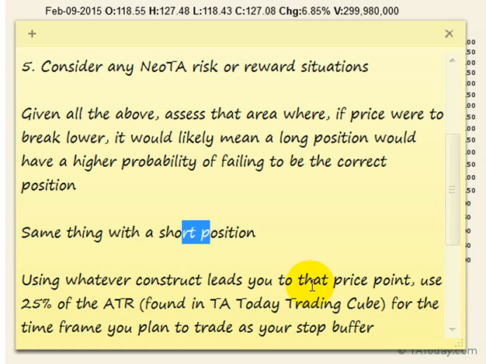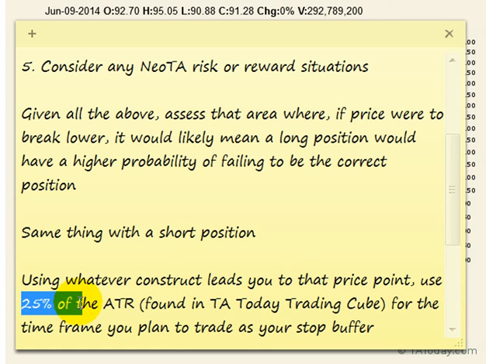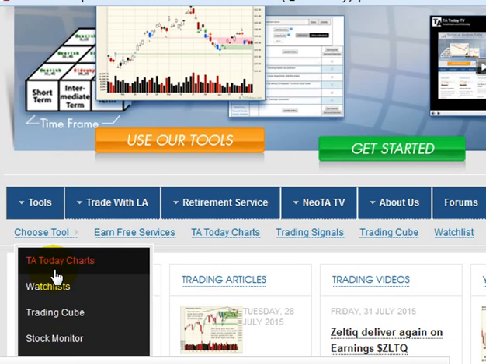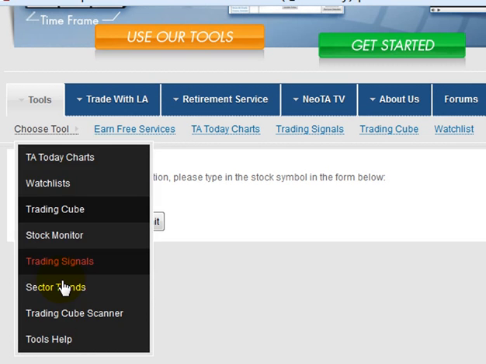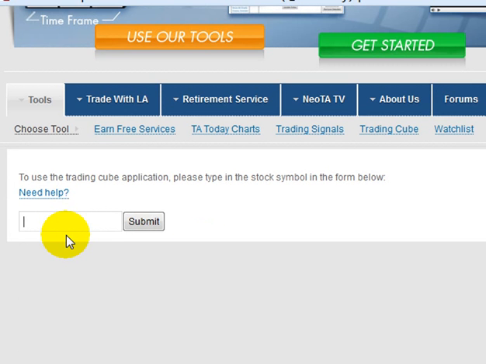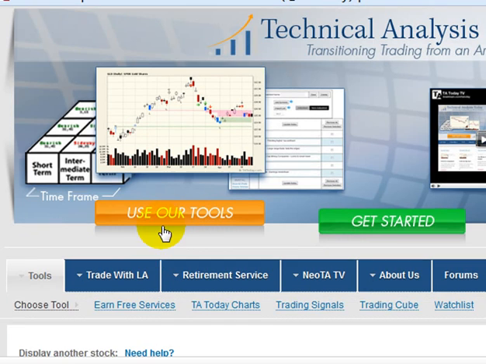Now that we have those price points, we take 25% of the ATR that's found over on the trading cube. So let's pull that up. If we come over here to the trading cube, scroll down, and put Apple into it, then we can look down and see what the ATR is on the time frame we're interested in, which in this case is the intermediate term time frame.